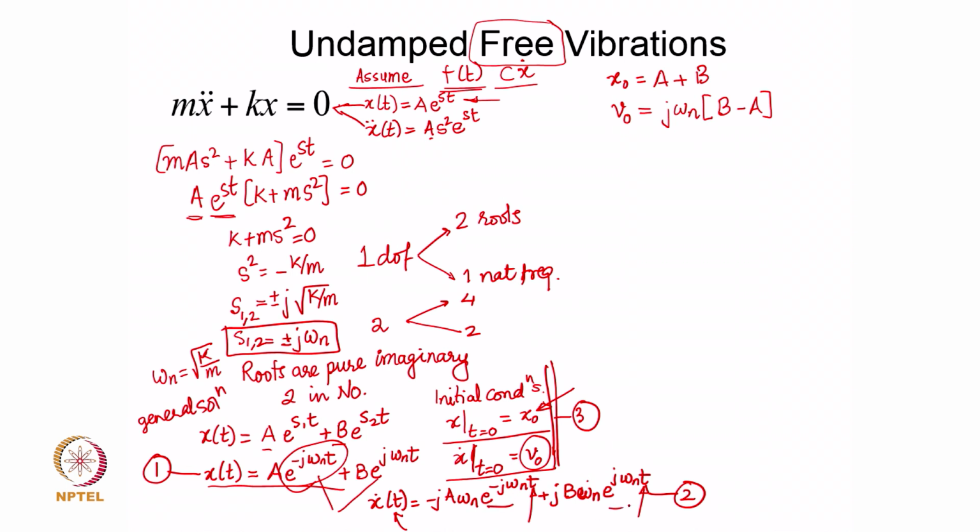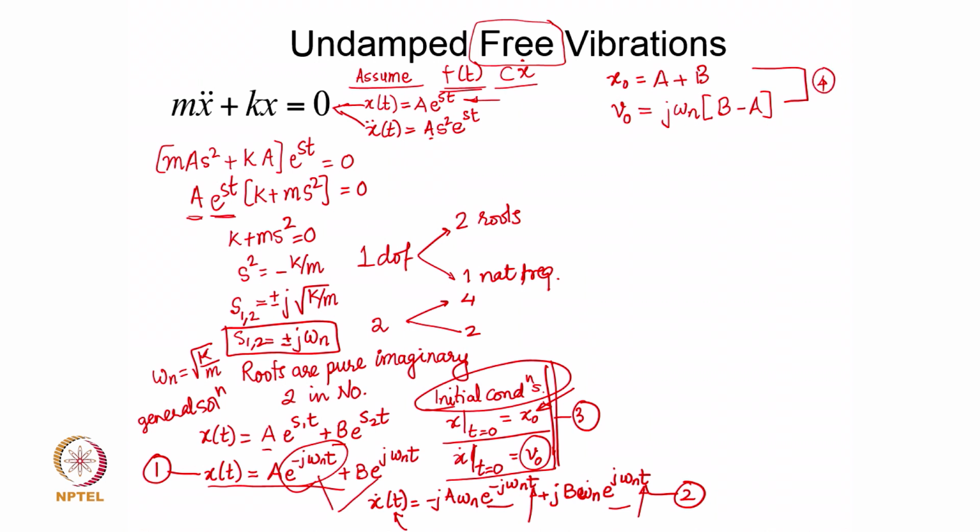This term goes to 1, this term goes to 1, and then this is what we are left with. So, these are the two equations that we have after substituting initial conditions. Let me call this 4.